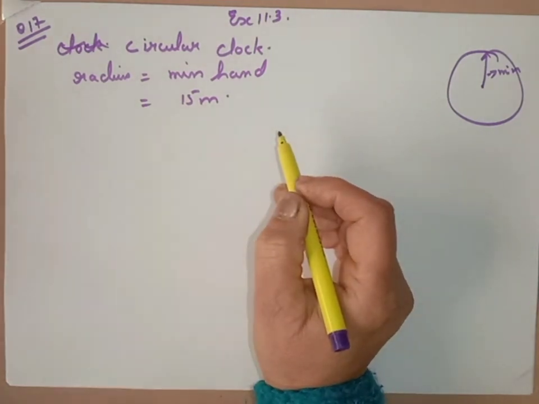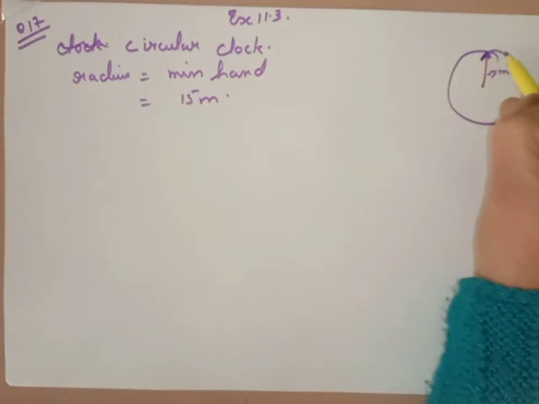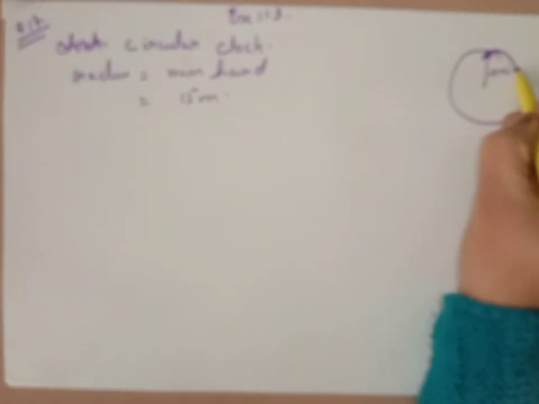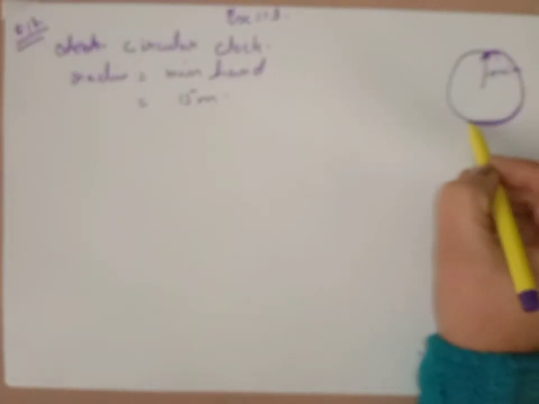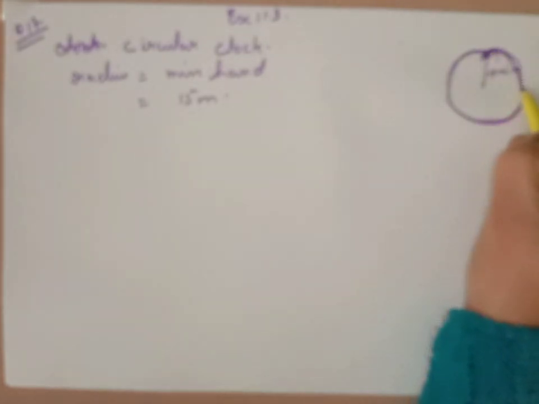They asked how far the tip of the minute hand moves. This is the tip, and in 1 hour it will rotate along this line and come again here only. So we have to find the circumference of this clock.